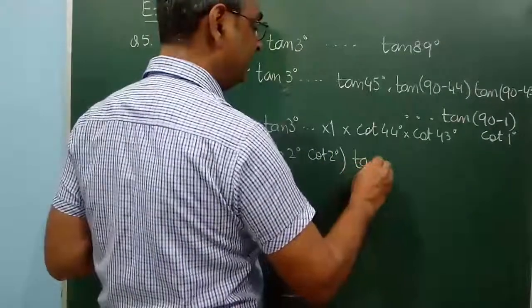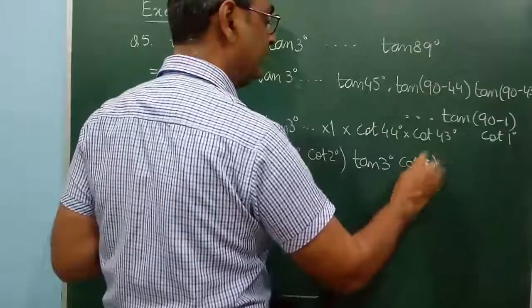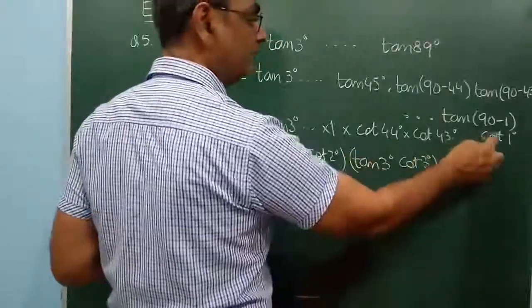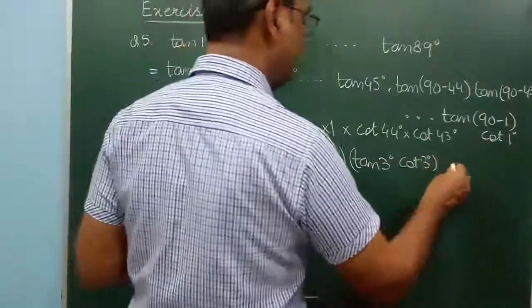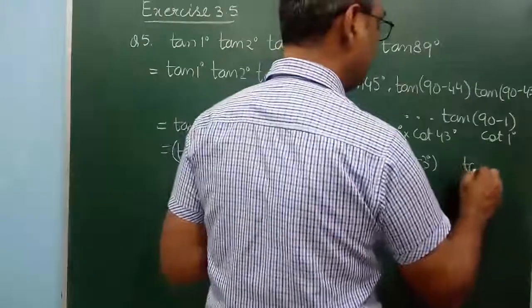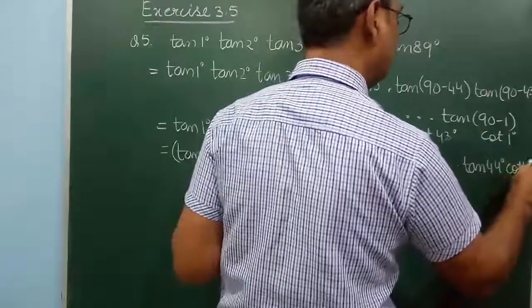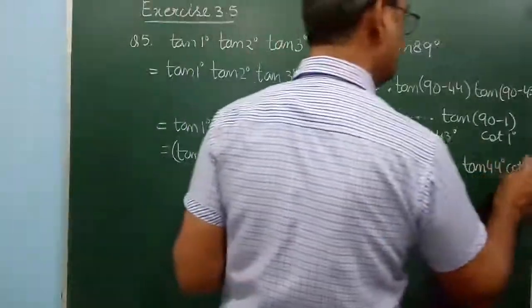So tan 3 cot 3. Cot 3 degree we will be getting before, here we will be getting cot 2, then cot 3 and so on. The last one will be tan 44 and cot 44 degree.